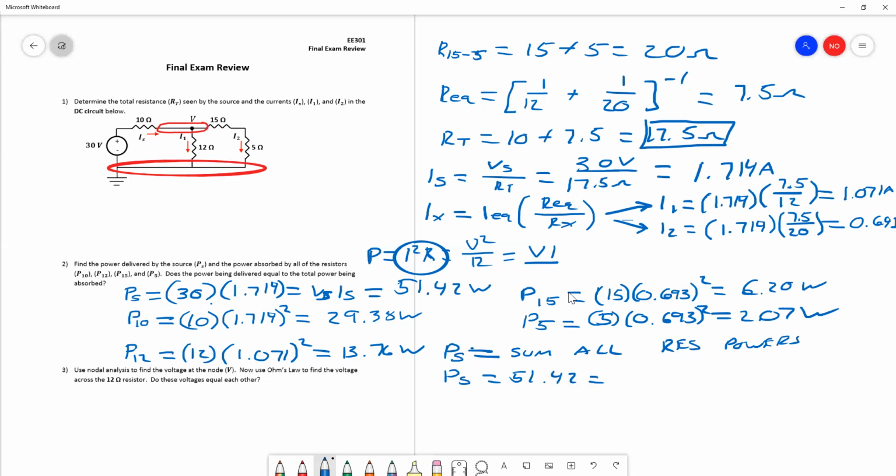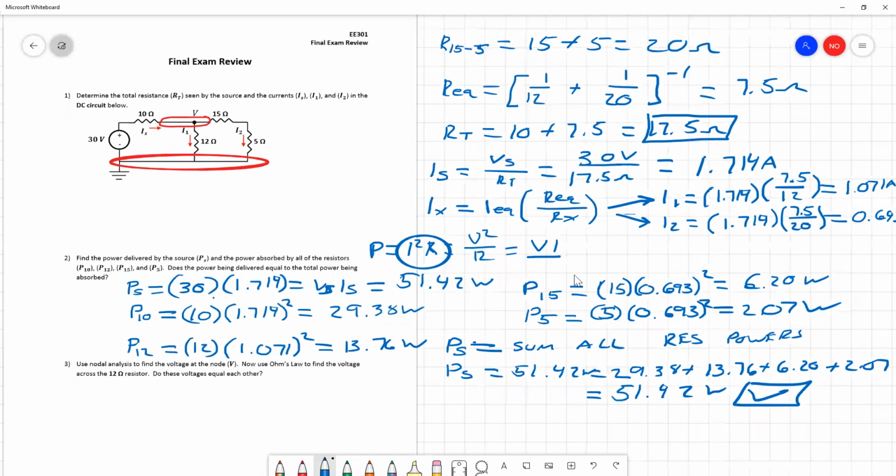And does that equal the power of resistor 10, which is 29.38, 13.76, 6.20, and 2.07? And those numbers do equal. So give that a big check.